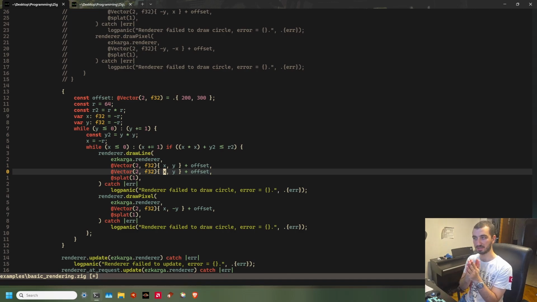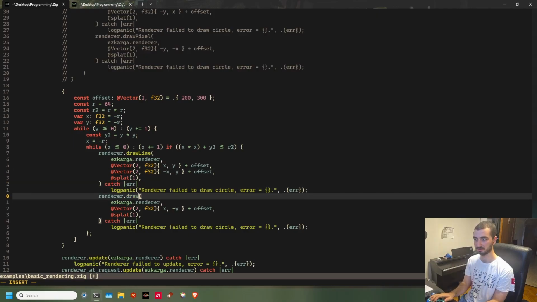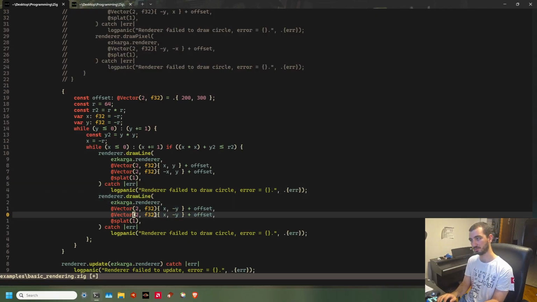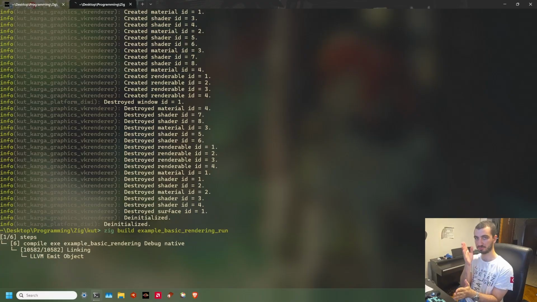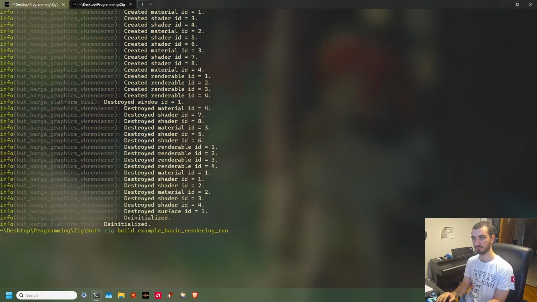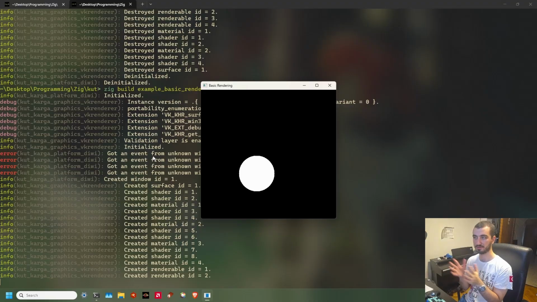So the line is going to go until it's minus x, and minus y. So we're going to be drawing from one half to the other half. As you can see, we get a complete circle.